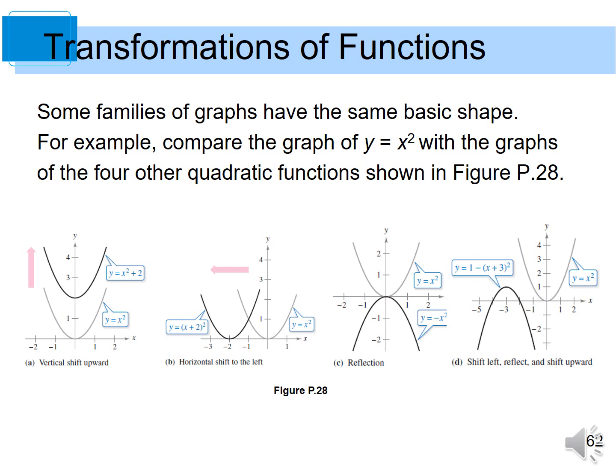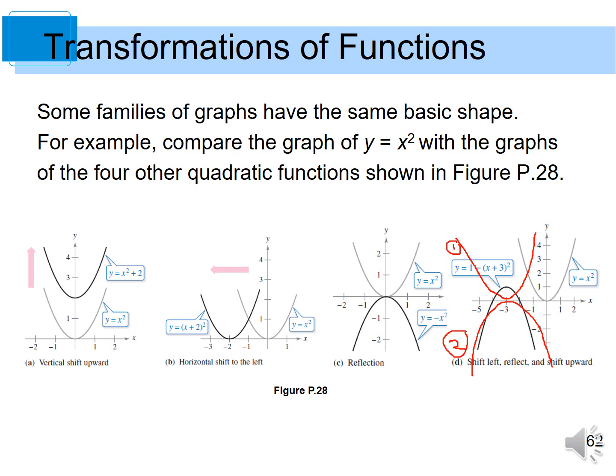It's better I show you. So for the first operation, your graph should be like this, and then the second operation, because it's negative, is a reflection about the x-axis. This one is the second operation.